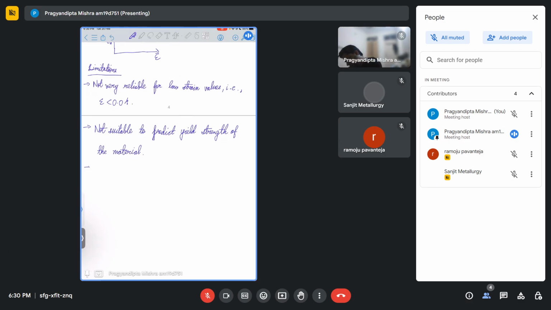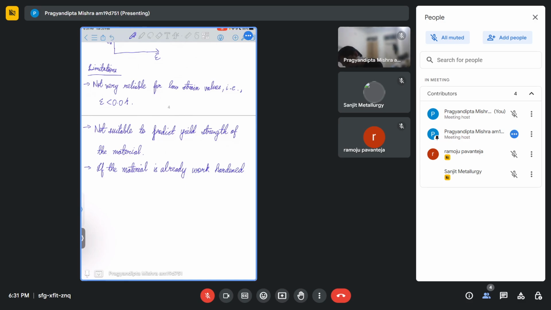And finally, if the material is already work hardened, then you cannot use the general equation.